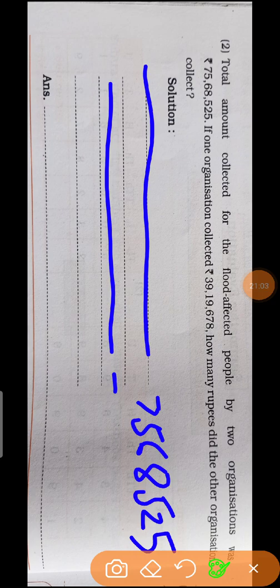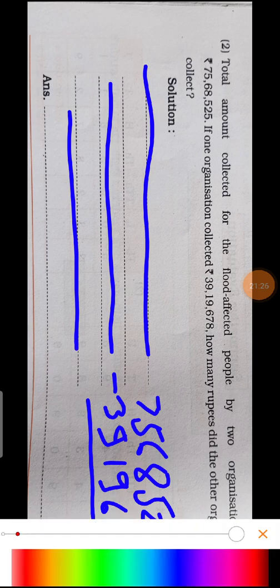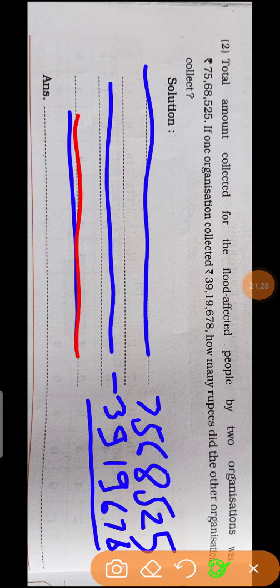How much? 39,19,678. And here you have to write the answer. This red line means what you will get? Amount collected by other organization.